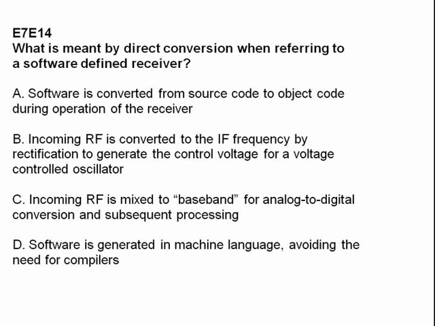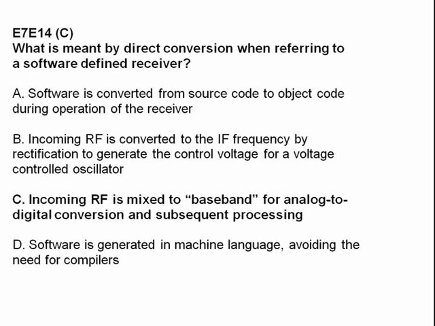C, incoming RF is mixed to baseband for analog to digital conversion and subsequent processing. Or D, software is generated in machine language, avoiding the need for compilers. The answer is C, incoming RF is mixed to baseband for analog to digital conversion and subsequent processing.